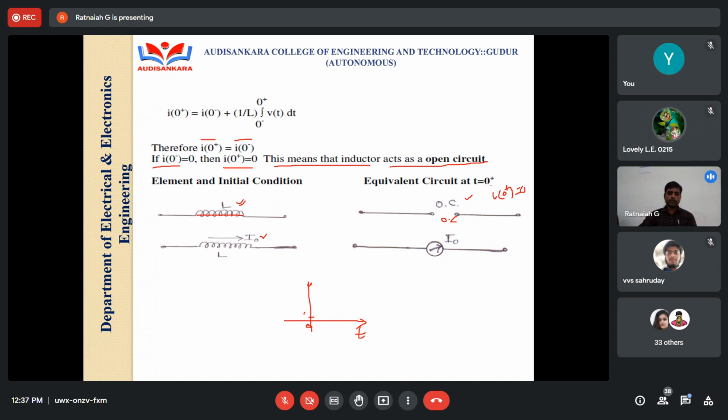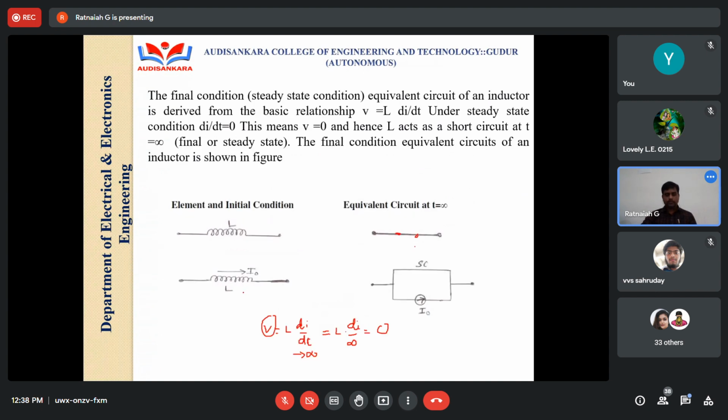So this 5% is nothing but an initial current in the inductor, I naught. So that inductor will start charging from 5% onwards. So this initial current is I naught. If the initial current is 0, that means charging is 0, the mobile will charge from the beginning. If the initial current is 5 amperes, the inductor will start charging from 5 amperes onwards only, not from 0.